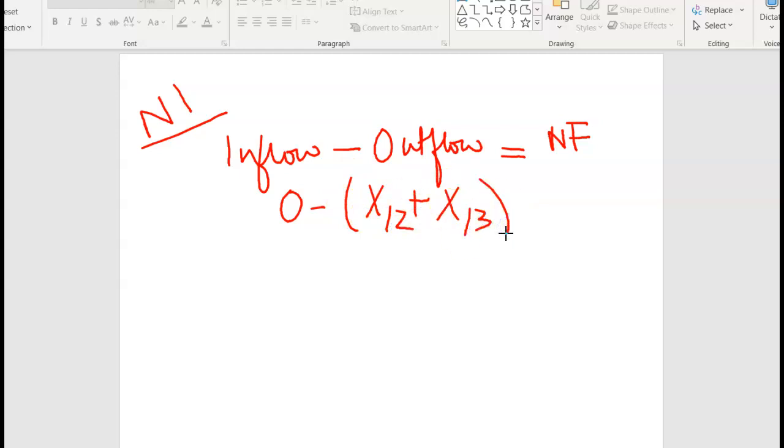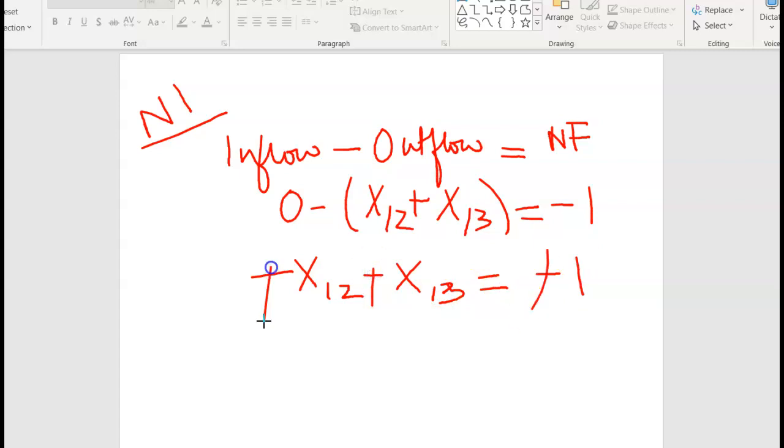There are no other roads here, and because this is a pure supply node, the right hand side for this equation, since there's only one truck that we're concerned for, is going to be 1, and again pure supply, which is why we force it to be negative. And if I expand this by opening the bracket, I can cancel these negative signs, and this is simplified to x12 plus x13 has to be equal to 1.